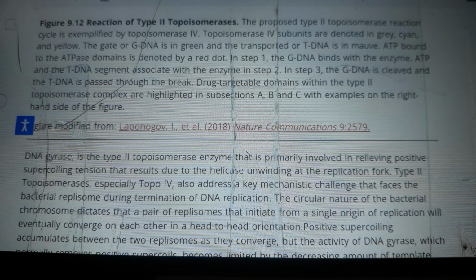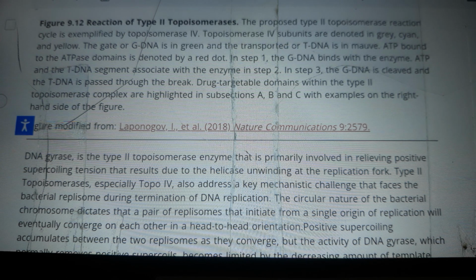The proposed type 2 topoisomerase reaction cycle is exemplified by topoisomerase 4. Topoisomerase 4 subunits are denoted in gray, cyan, and yellow. The gate or gDNA is in green, and the transported or tDNA is in mauve. ATP bound to the ATPase domains is denoted by a red dot.